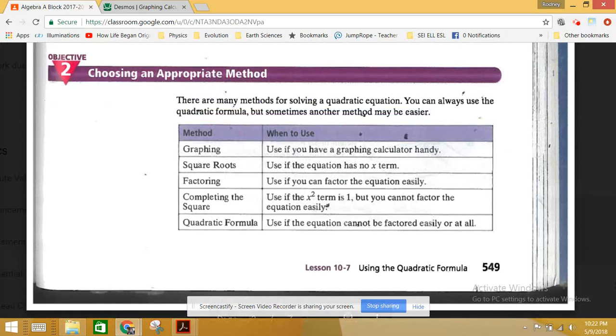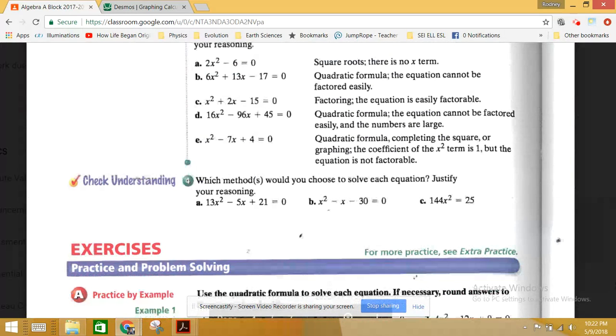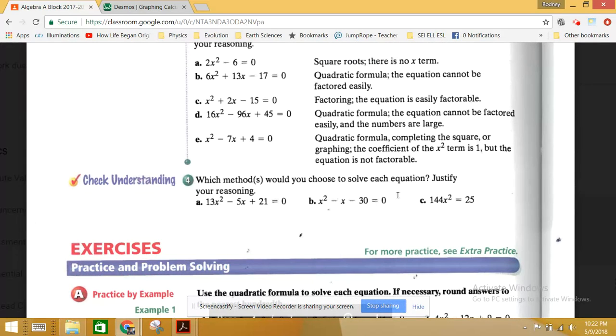Okay, so the big idea for this one here is to think a lot about which method you're using. A lot of times when we get to the quadratic formula, a number of students want to always use the quadratic formula for every single problem. And it will work for every single problem, but frankly, I really only use it if I can't factor it easily, or I can't use the root method, or even if the completing the square method isn't really simple to use.